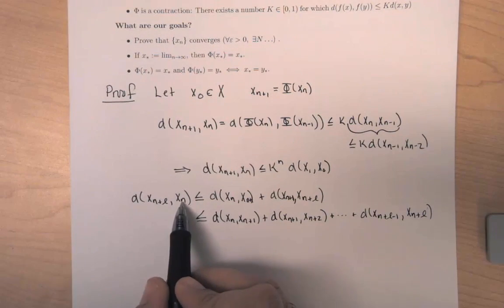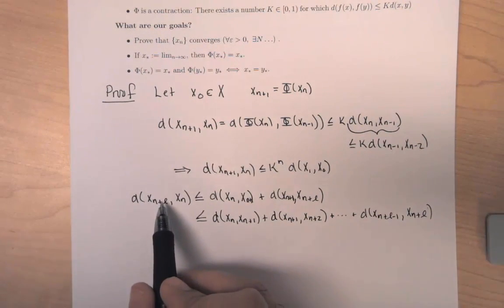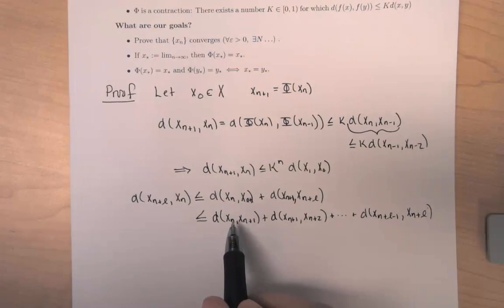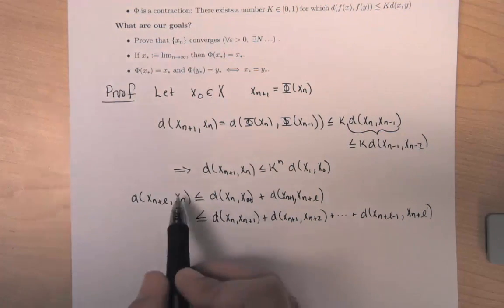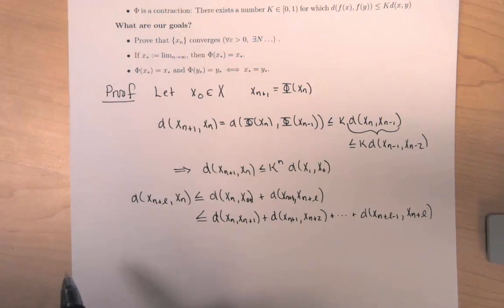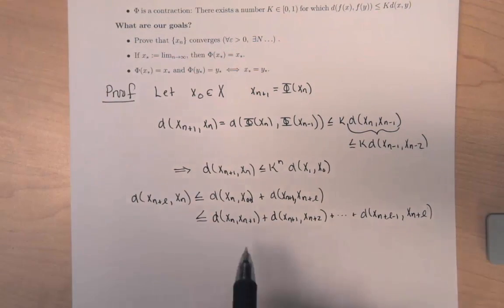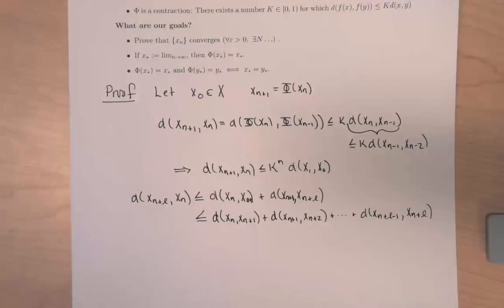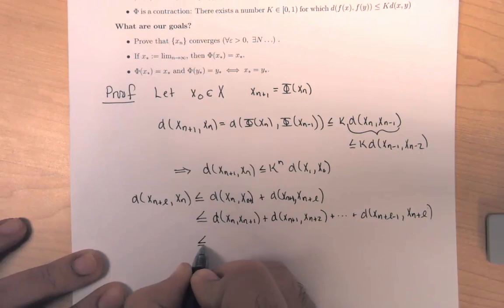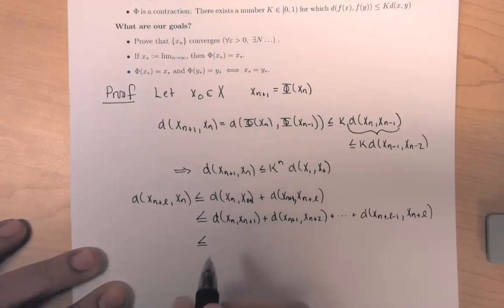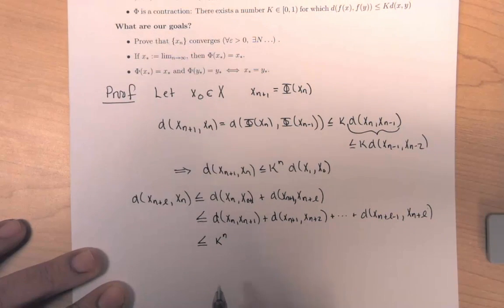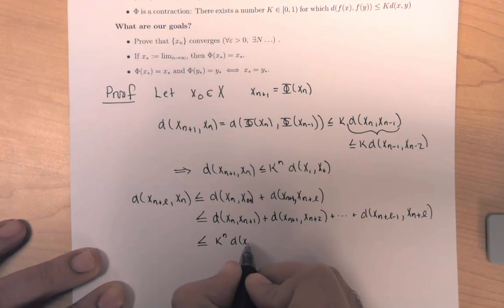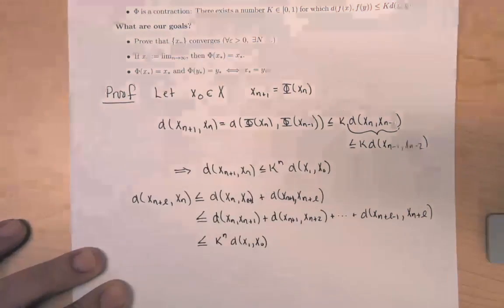In other words, the distance from x_n to x_{n+L} is less than the distance I would travel if I stopped at every point in between from x_n to x_{n+L}: x_{n+1}, x_{n+2}, all the way to my destination. And now, because I have consecutive terms, I can use this inequality I derived here. This is less than or equal to k to the n times d, the distance between x_1 and x_0.